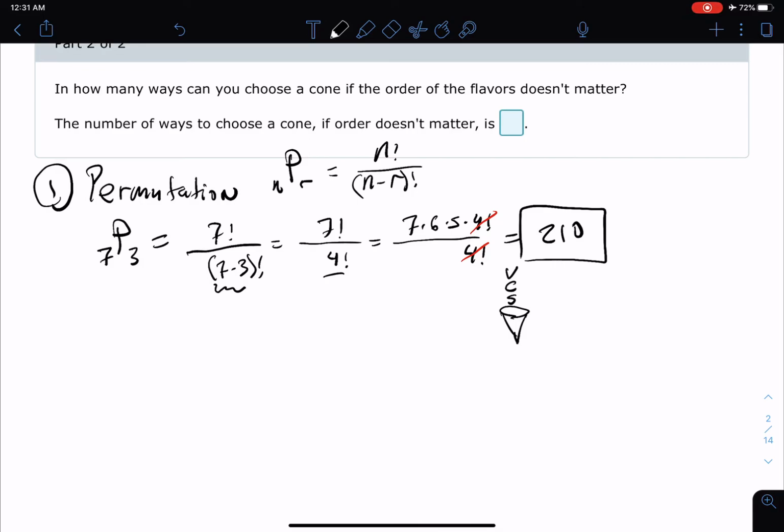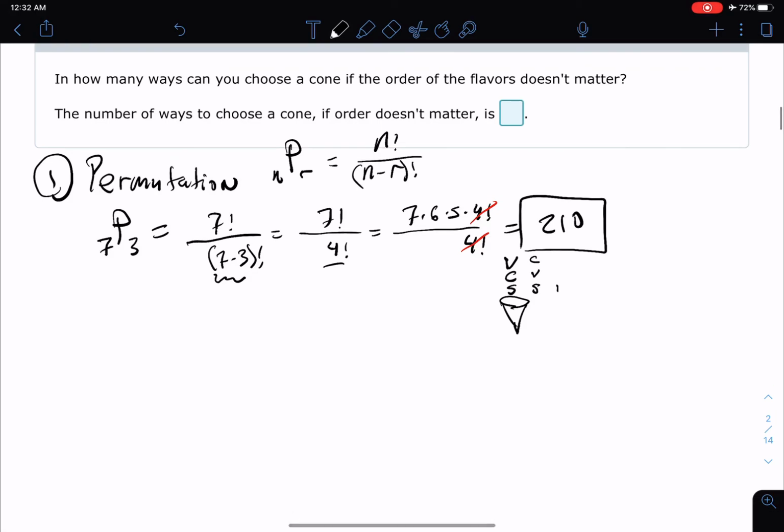So with a permutation, this is the picky kid, right? Order matters. How many different ways can we count this? I'm thinking, okay, I've got strawberry on the bottom, so I'm going to keep that fixed. And so we've got strawberry, chocolate, vanilla. How about strawberry, vanilla, chocolate? That's another way. And then what if I put vanilla on the bottom?